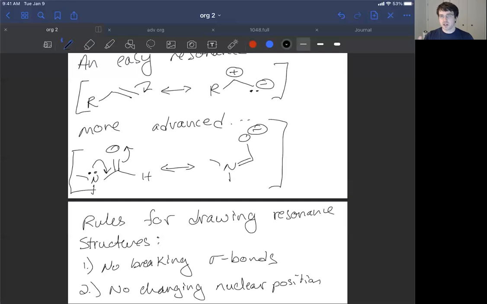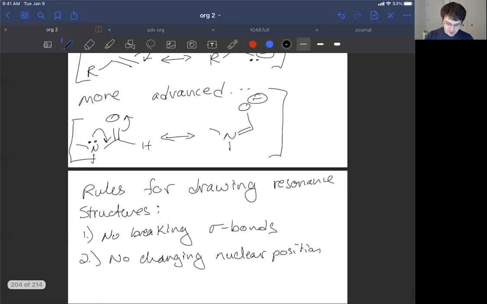Okay, so there's a couple of no's right off the bat. So no breaking sigma bonds, this means don't break single bonds because all single bonds are sigma bonds. And then no changing nuclear position, this means don't move atoms.